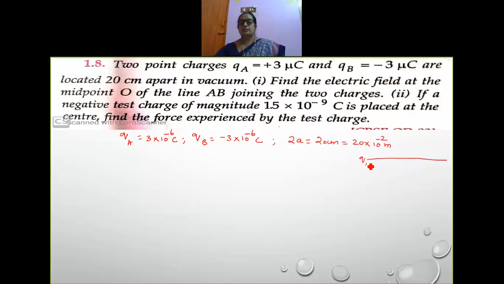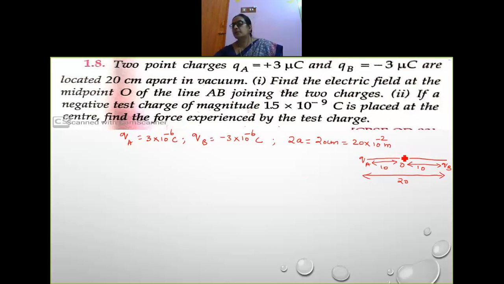Now this is QA, this is QB, and this is the midpoint O. Now the distance of separation between these two is 20, right? And this will be, in that case, 10, and here also it will be 10, right? Okay, now your question is, find the electric field at the midpoint O.